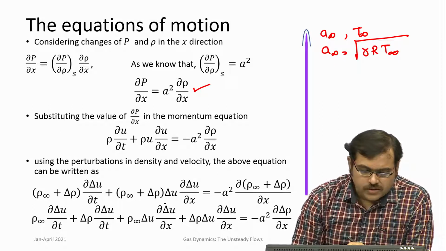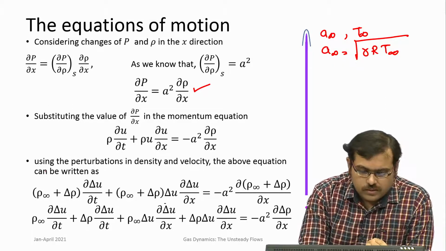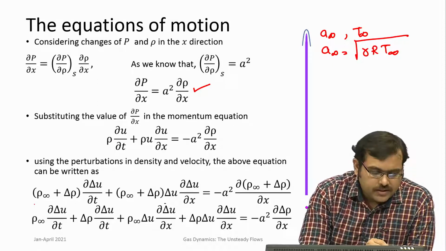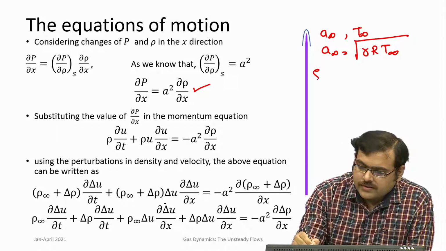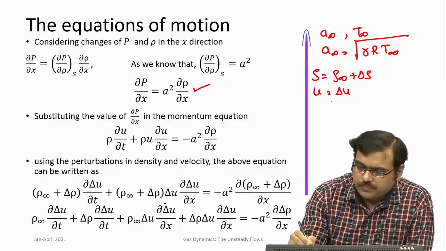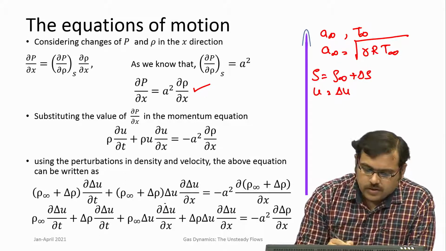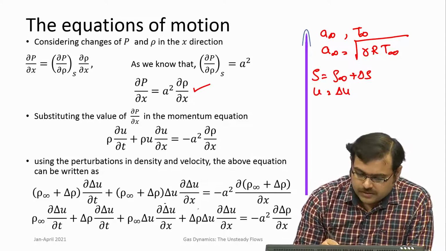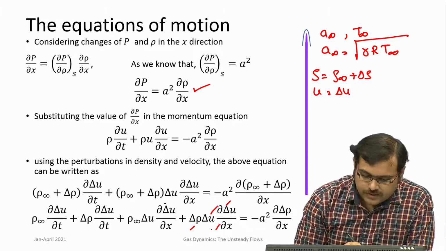Okay. So, now you can write rho as rho infinity plus delta rho, and u as delta u, and you can substitute them, again following the same guiding principles that delta rho and delta u terms are very small.